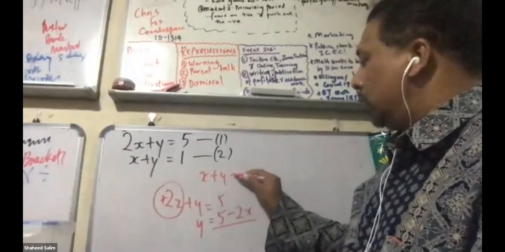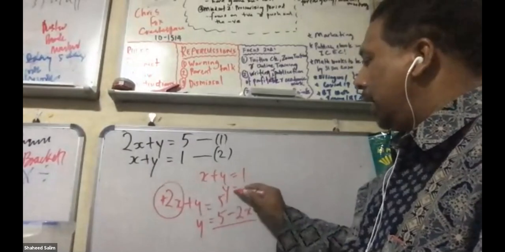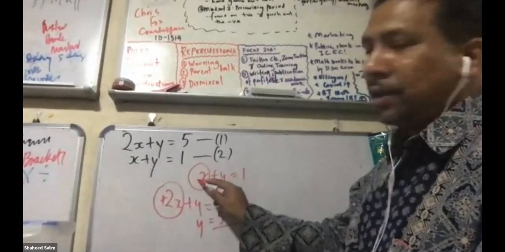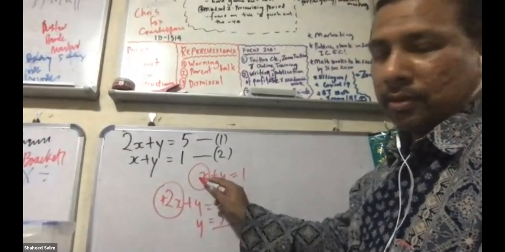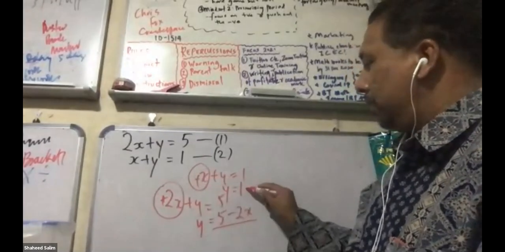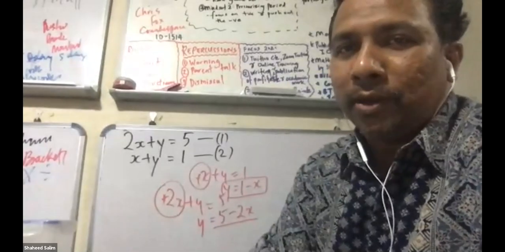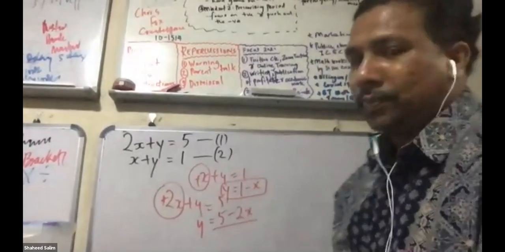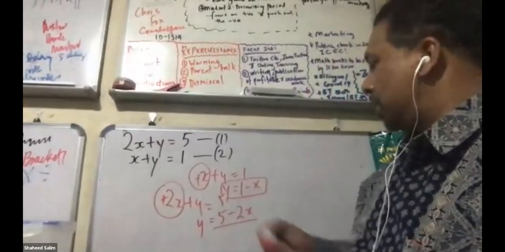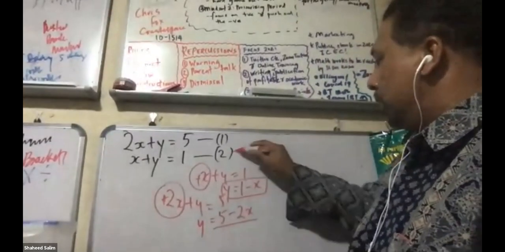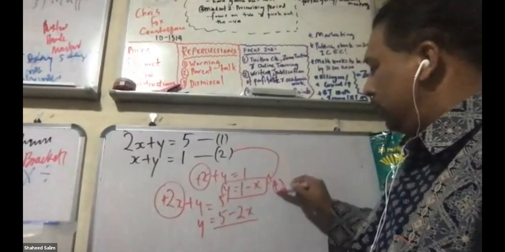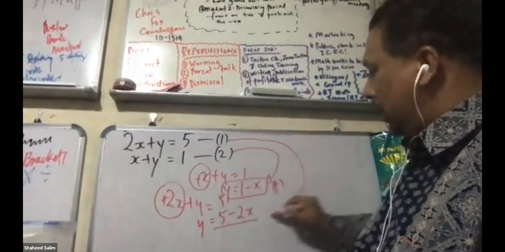X plus y equals to 1. Now I put y here. I want to bring the x over. Is this plus or minus? I bring over, it becomes what? Minus. You put everything plus. That's why yours is going to be wrong. You gotta readjust. So this is the correct one. And you can say this is now equation 4. This one is equation 3.